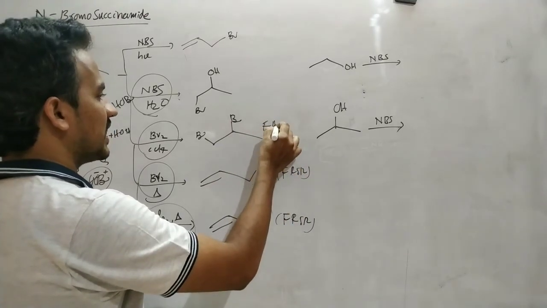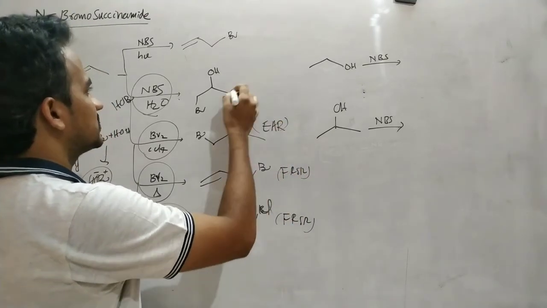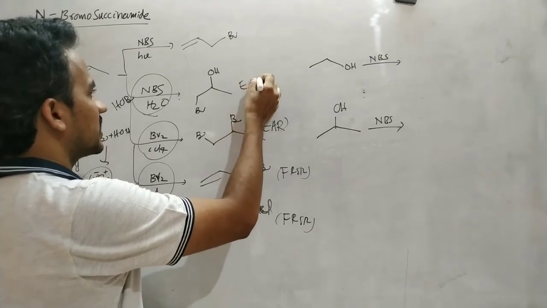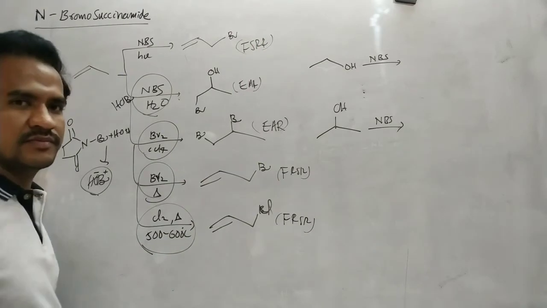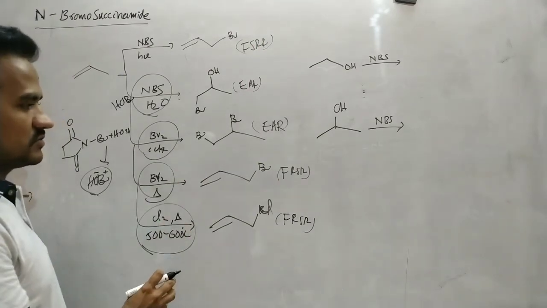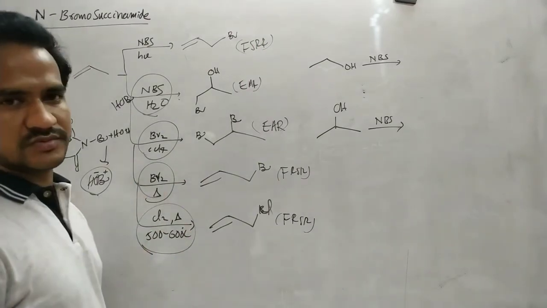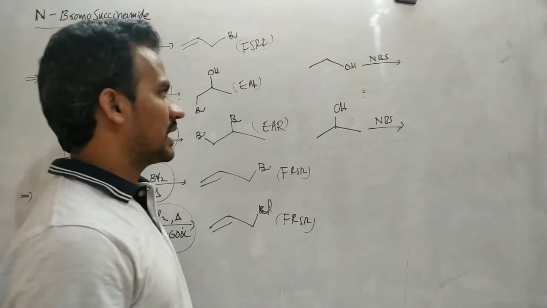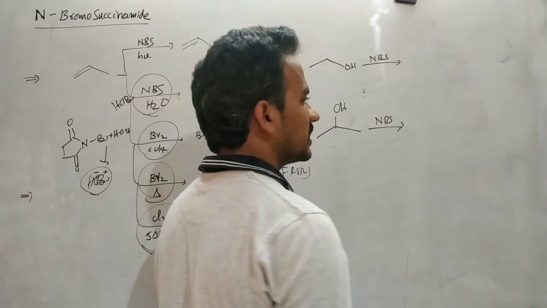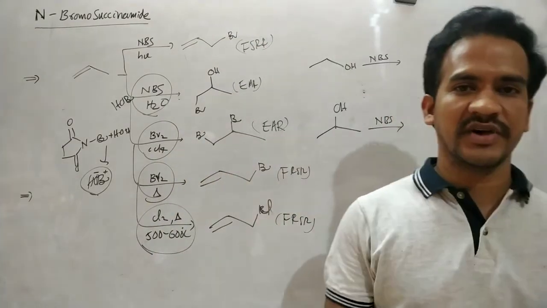So very slight difference. You can already see some previous questions. So based on this, bromine and heating gives allylic substitution.